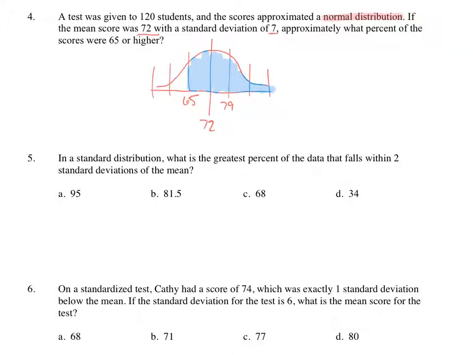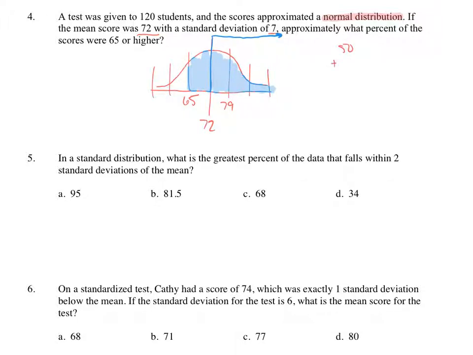up. Again, there are a lot of different ways to do this. You can figure out what this space is and just subtract it from 100, or you can add up all the spaces in between. Here's the way that I would do it. I would use the fact that half of this, so all this stuff to the right here, is 50% of my data.